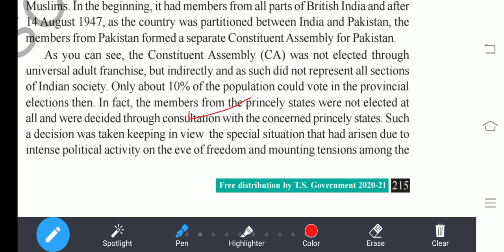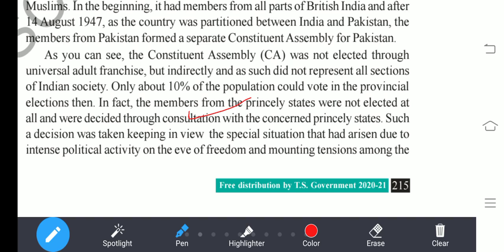They announced that the princely states were also free from British rule, and they could join either Pakistan or the Indian Union or stand independently. So most of the princes of the princely states wanted to keep their princely states independent.